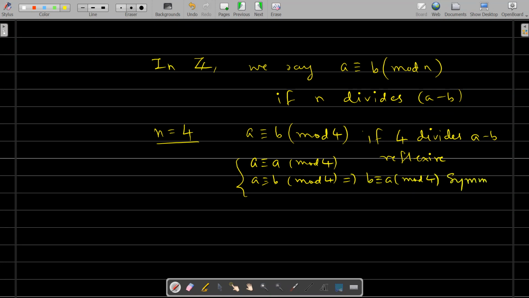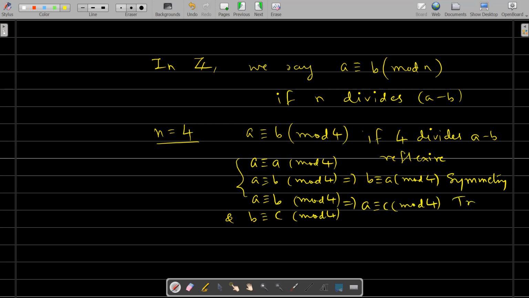So we say congruence is symmetric. That's the property called symmetry. And if A is congruent to B mod 4 and B is congruent to C mod 4, that implies A is congruent to C mod 4.